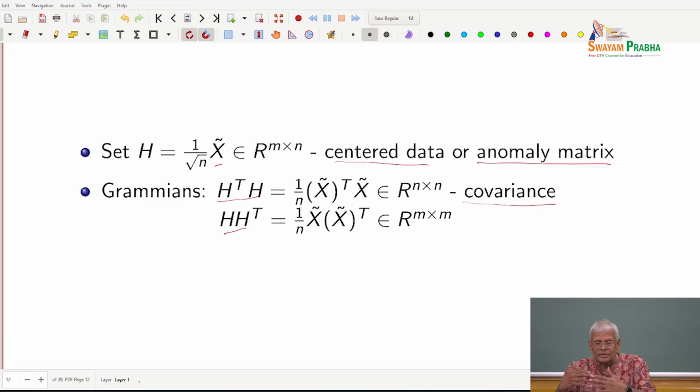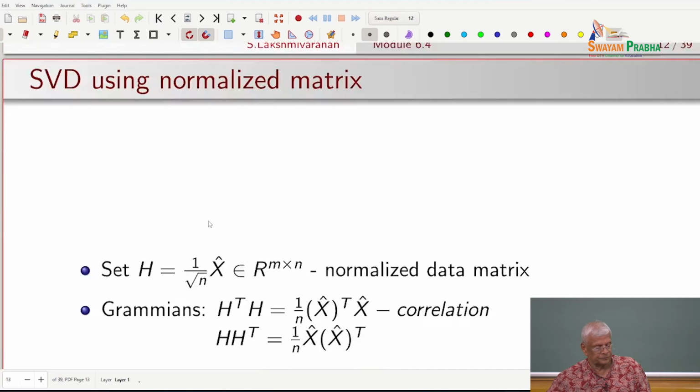X tilde and X hat come from the analysis. H is the generic matrix that we used in SVD. By associating H with one of these 3 matrices, I can bring to bear all the results from the SVD analysis of the matrix H. That's the idea.